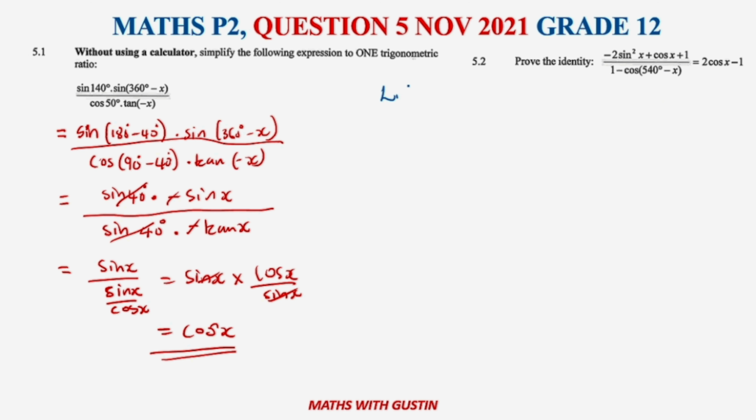So from our left-hand side we are going to simplify: negative 2 sine squared x plus cos x plus 1, all over 1 minus cos of 540 minus x. Great stuff.